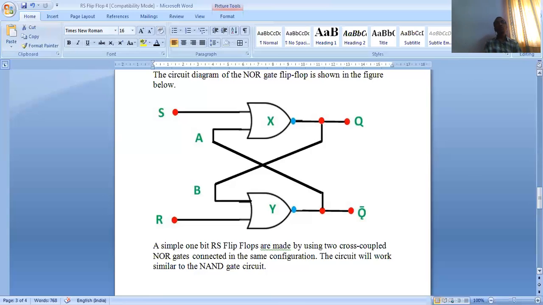Therefore, S equal to 0, A equal to 1, 0 plus 1, input 1. Okay, therefore the output of this upper NOR gate is the opposite of 1, which is 0. That is Q equal to 0 and Q bar equal to 1.